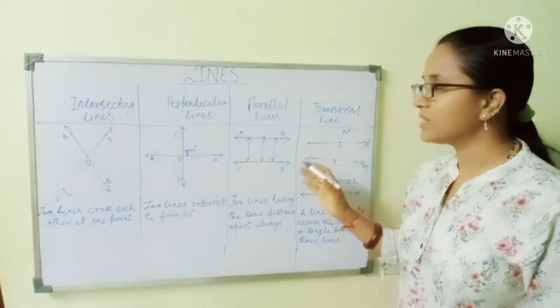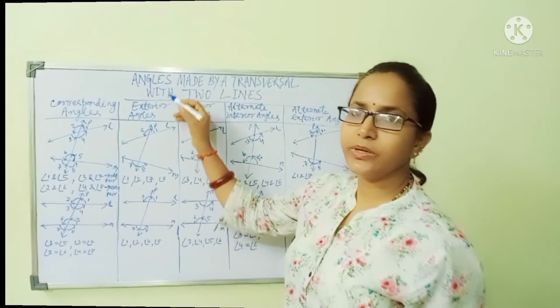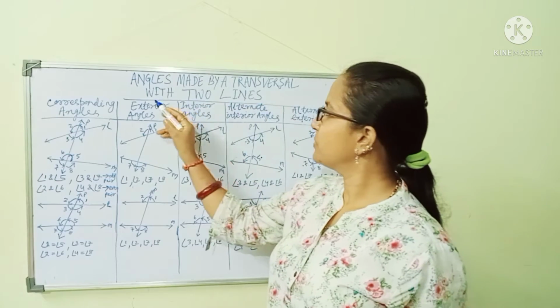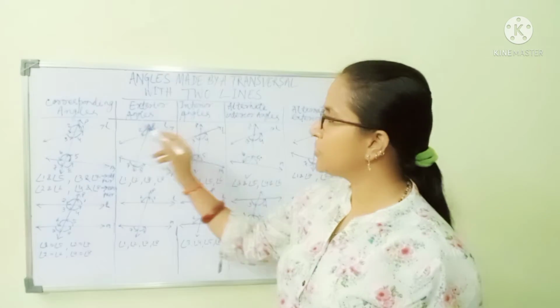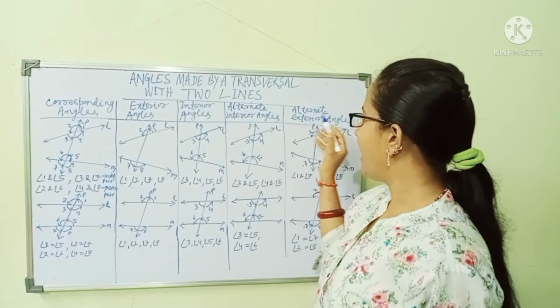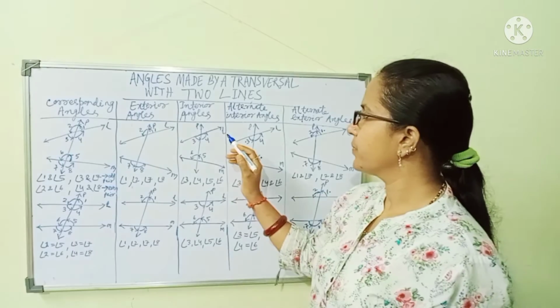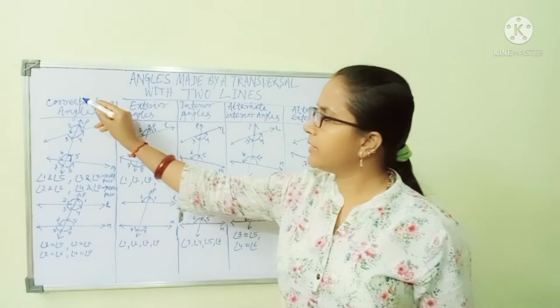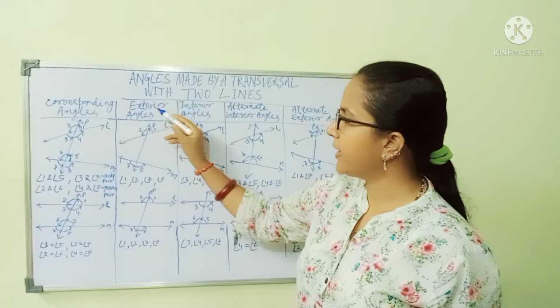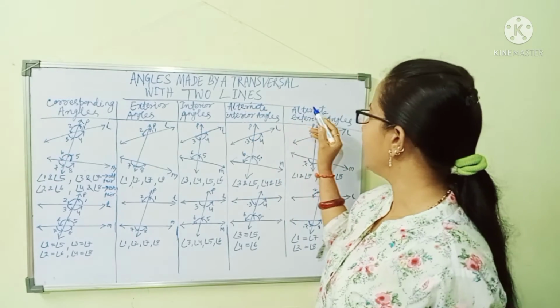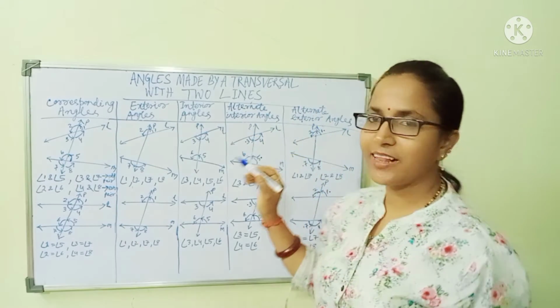Now, angles made by a transversal with two lines. I have shown all the angles on one page: the corresponding angles, exterior angles, interior angles, alternate interior angles, alternate exterior angles.